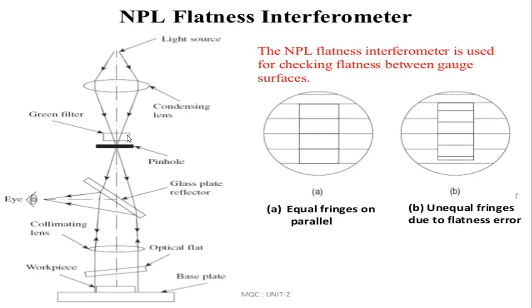This is the green filter here, and next it comes to the pinhole, and then it reflects on the glass plate reflector, which is used to send the light rays to the optical flats and then to the workpiece. By the measurement they are going to reflect back in the glass plate reflector, and the readings can be observed in the eyepiece. So this is the basic working layout of the NPL Flatness Interferometer.